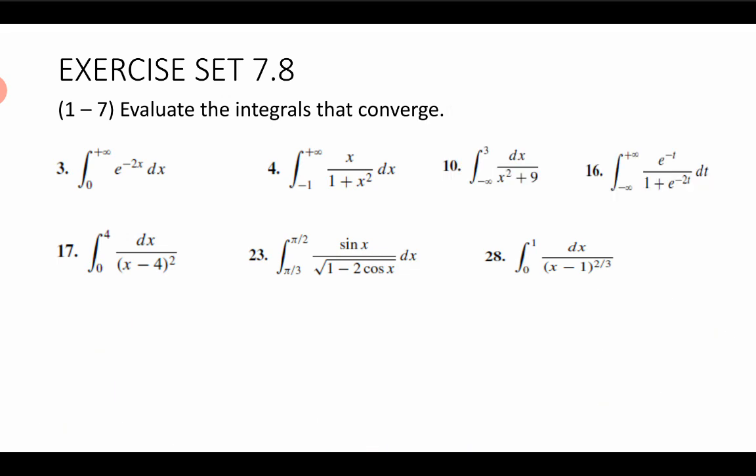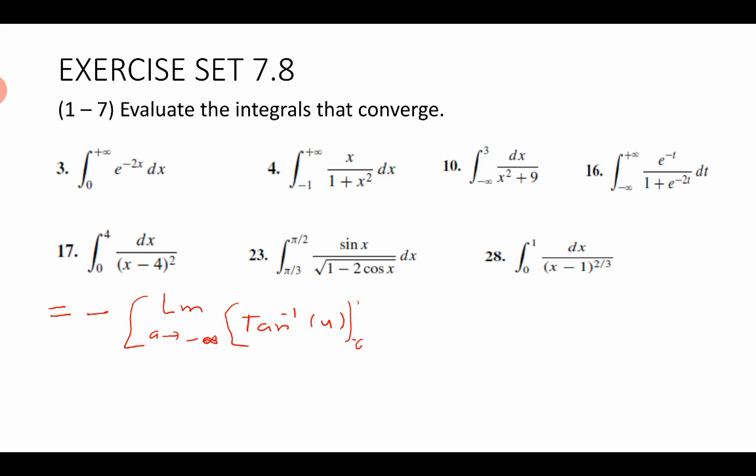What is the next step possible for this one? The negative has been taken out commonly, and then there is a limit a approaches negative infinity. The first part is tan inverse u from a to 0.